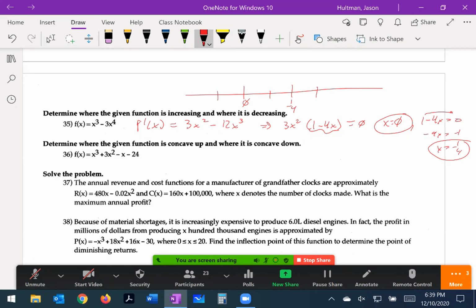I could say, well, negative 1 is on one side. Between 0 and 1/4, let's just do a 1/8 to make things easy. And then above 1/4 is going to be 1.